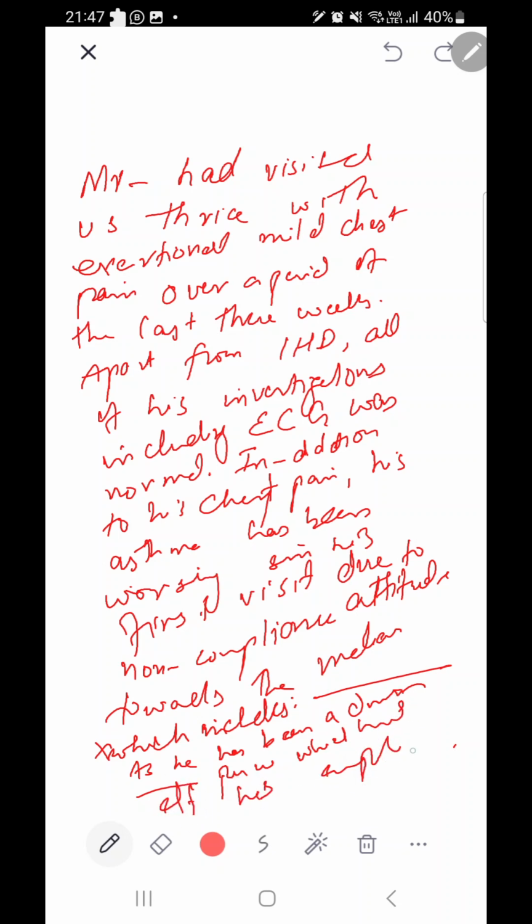We can write this down, and afterward we can write that he is a one pack smoker and drinker as well. So that is a summary of all three visits.